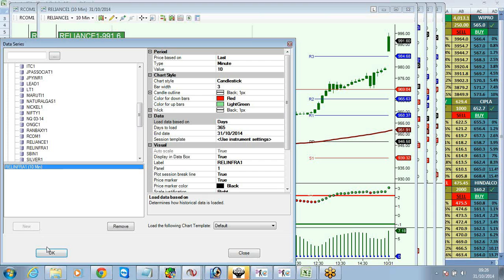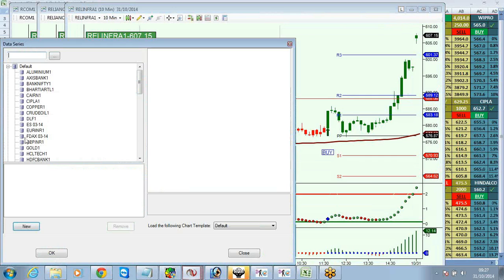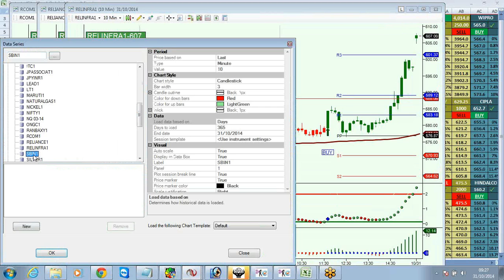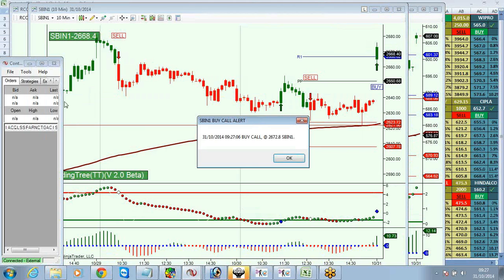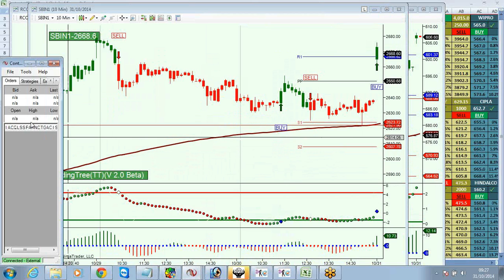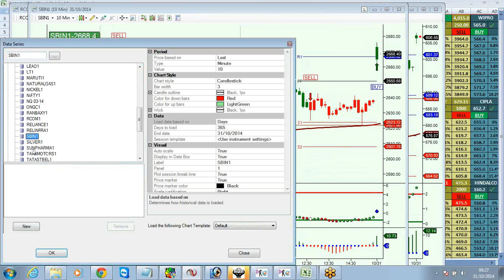So we'll just come back again and we will check the charts for our final targets. So the first thing is, once we have this, there is a buy call in I1, so we have that SBI buy call. It's a gap up open.